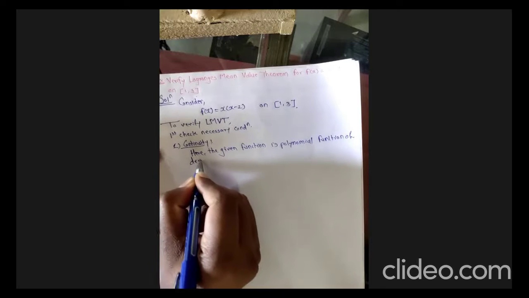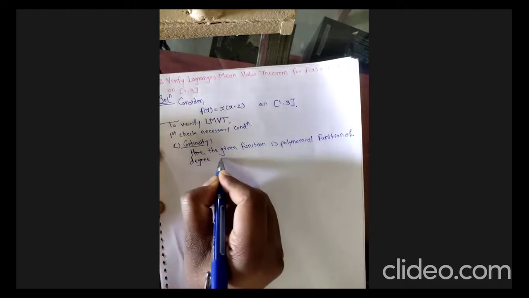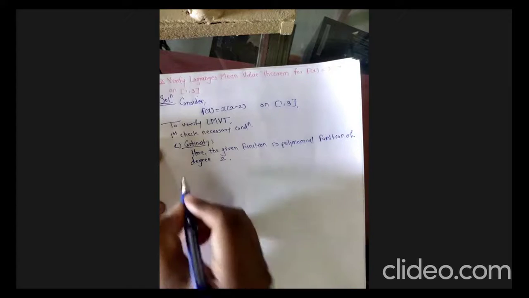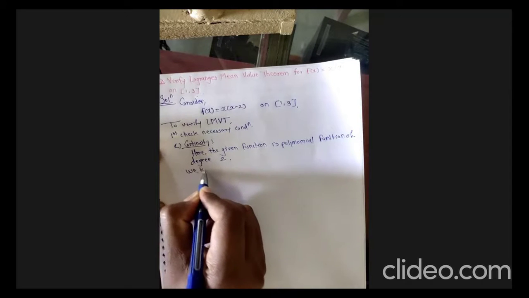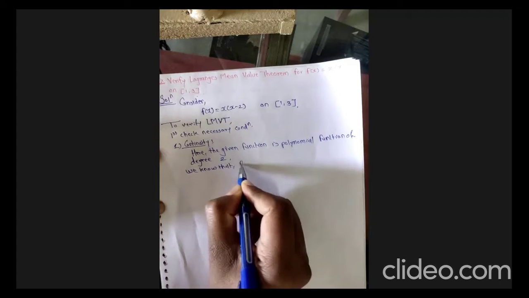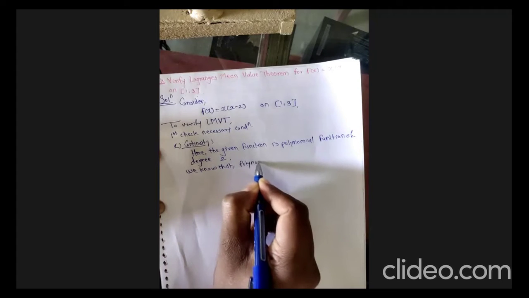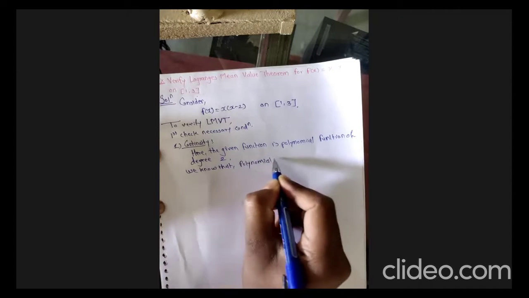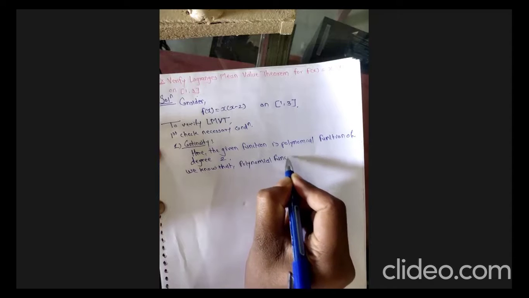We know that a polynomial function is always continuous.